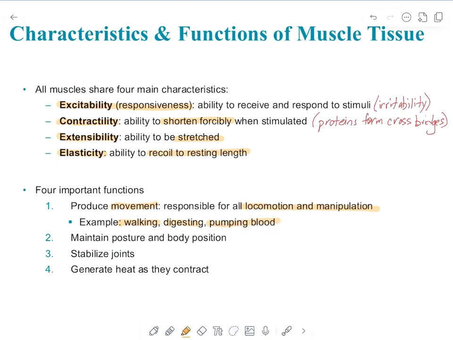The next function is maintaining posture and body position, stabilization of joints, and generating heat as they contract. So this would be an example of shivering to generate heat.